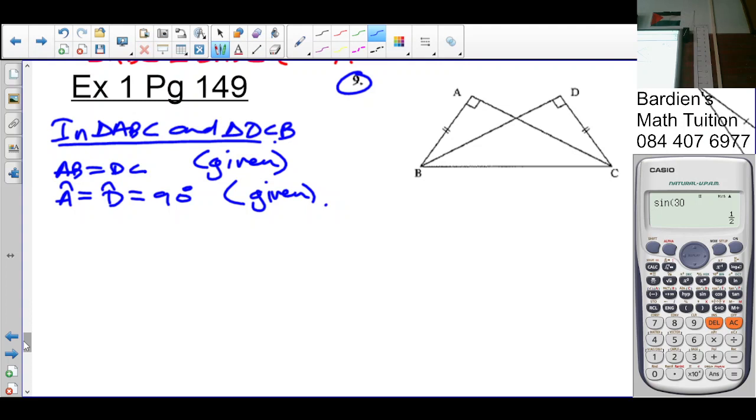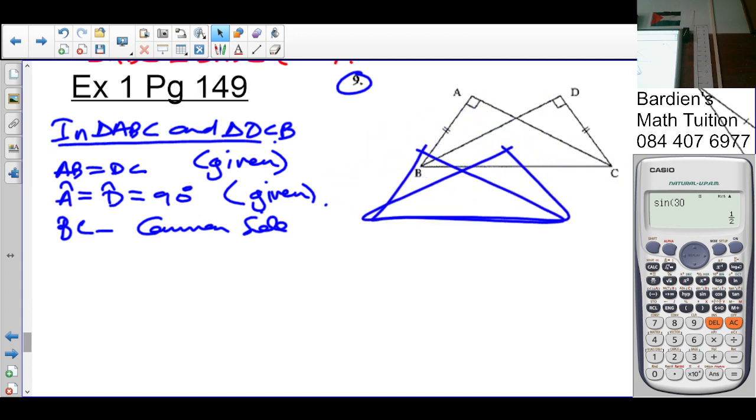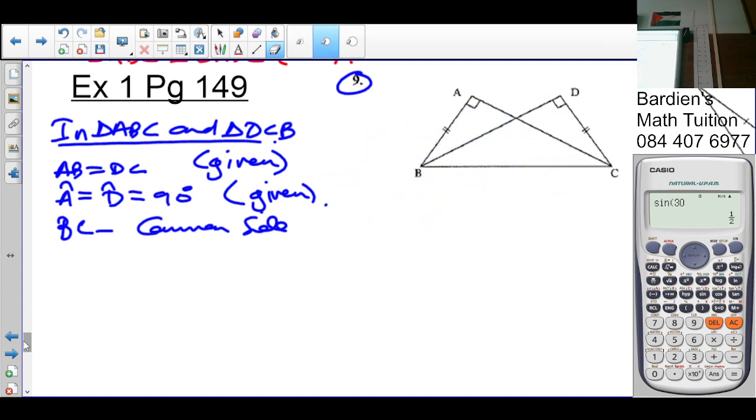BC is a common side. You see here, in ABC and DBC, can you see that BC is common in both triangles? So what did we use here?